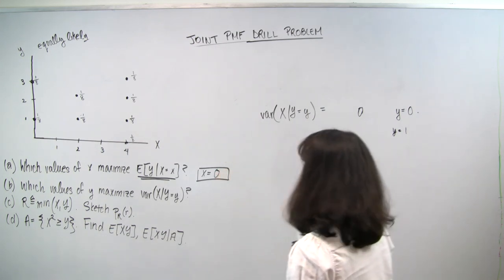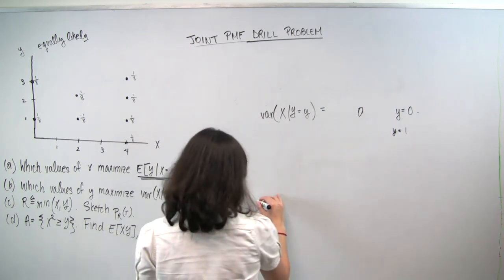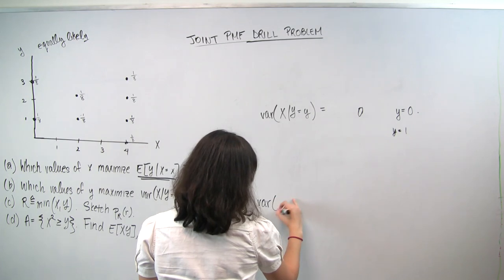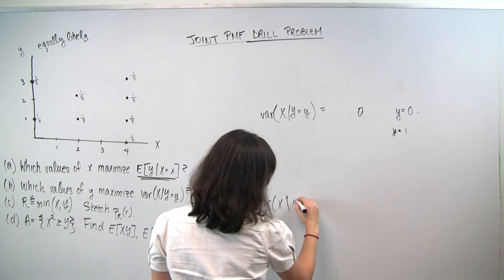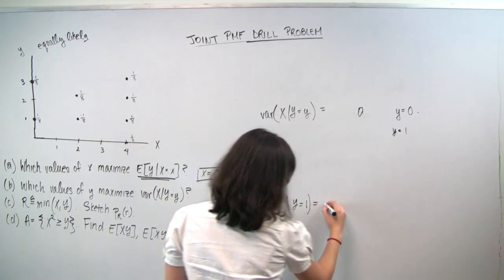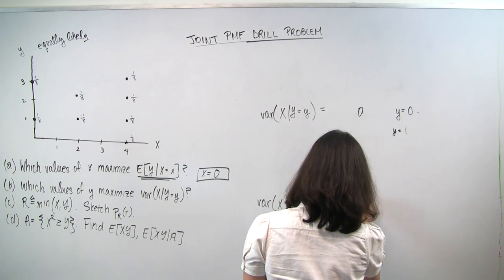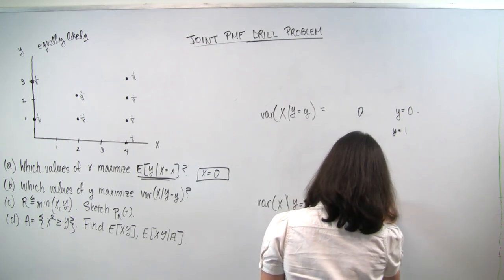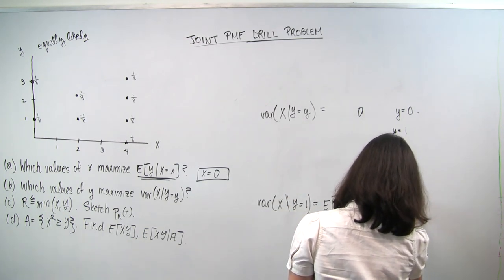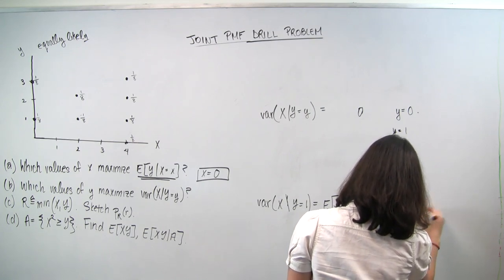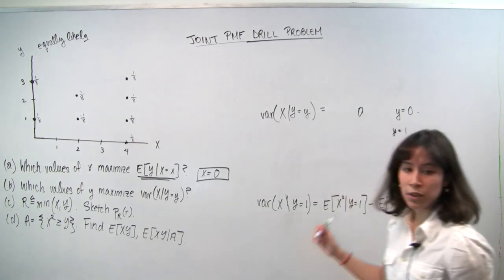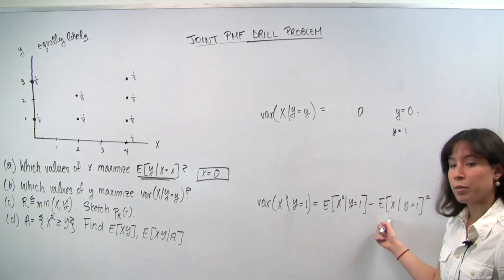So we're going to go ahead and use a formula that hopefully you guys remember. In particular, variance is the expectation of x squared minus the expectation of x, the whole thing squared. So let's start by computing this number first.